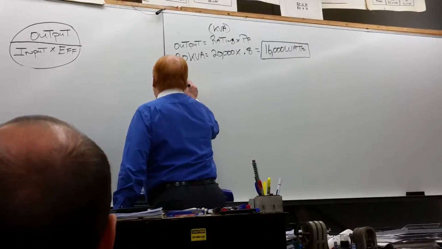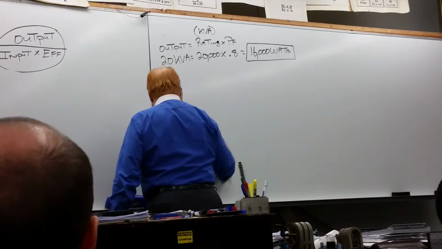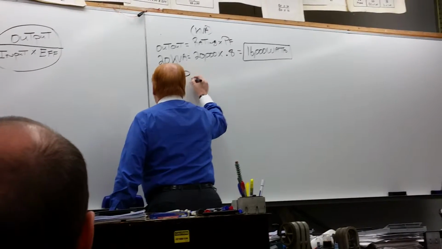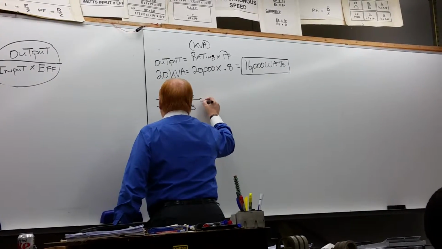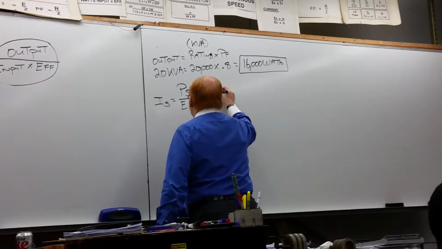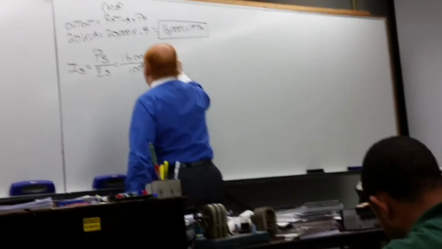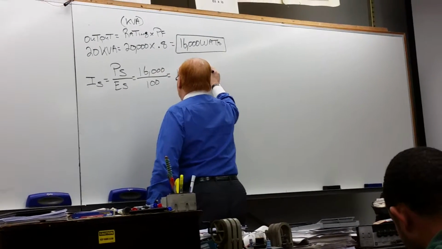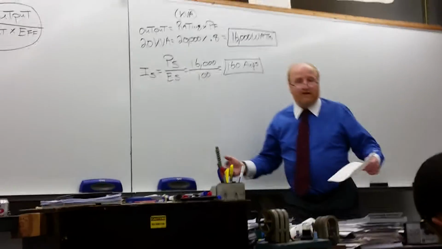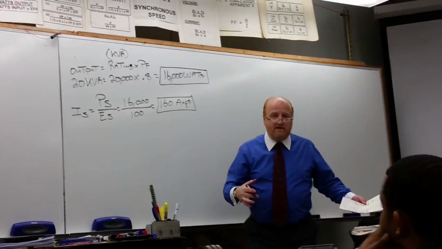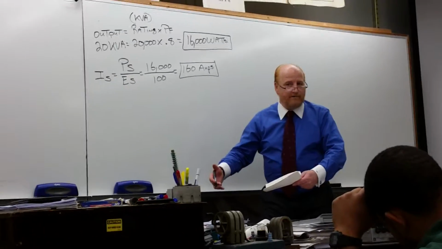I can say IS equals PS, power of the secondary, over ES, voltage of the secondary, or 16,000 over 100 gives me 160 amps. I have the current on the secondary side. I need to get back where? To the primary side.